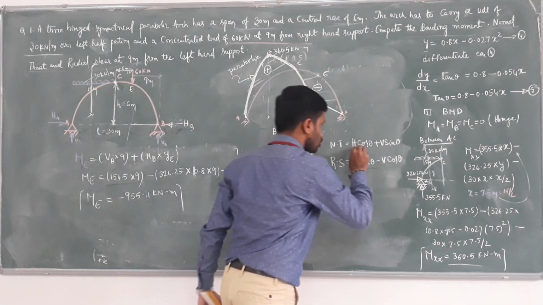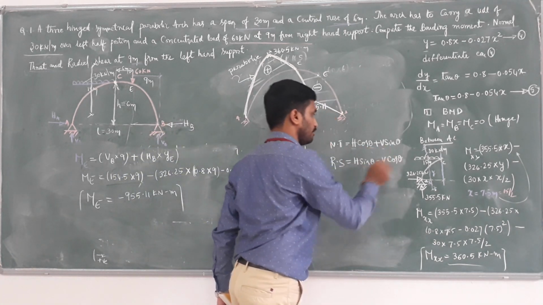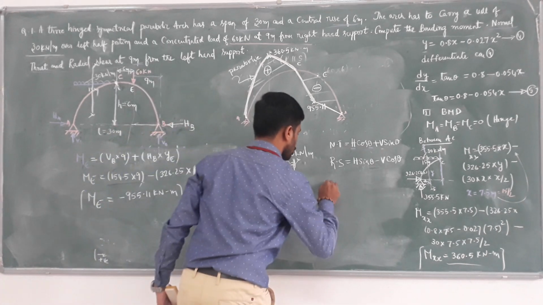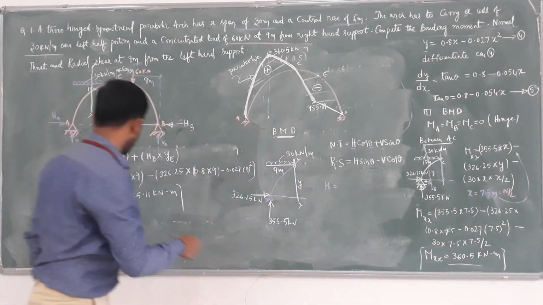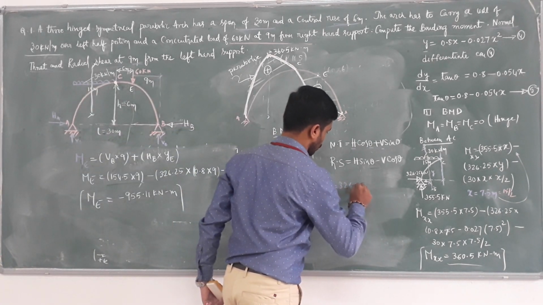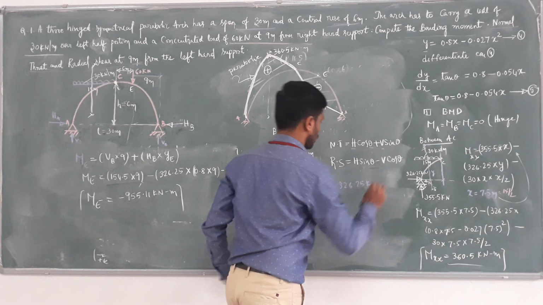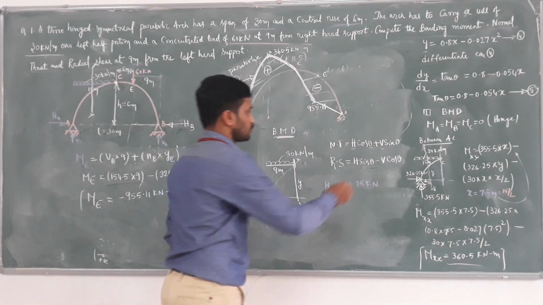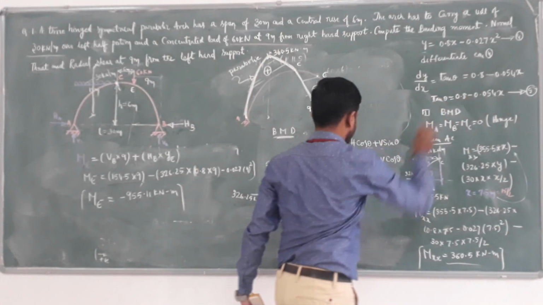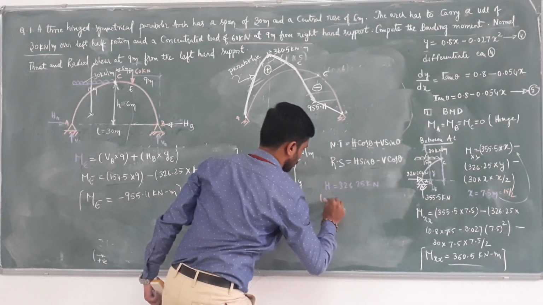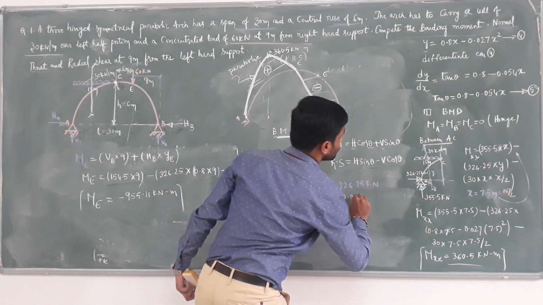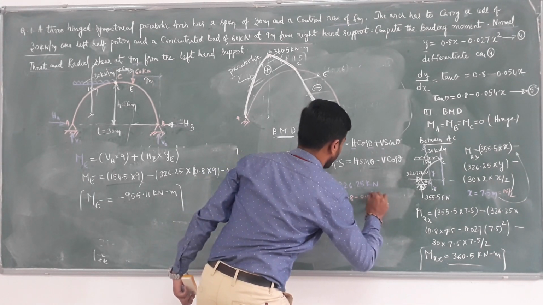We want H, theta and V to solve normal thrust and radial shear. We know that H value is 326.25 kilonewton, and we don't know the value of theta, but we know the equation: tan theta equals 0.8 minus 0.054x.